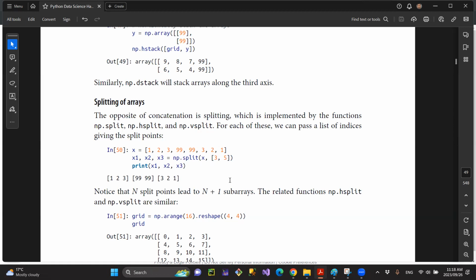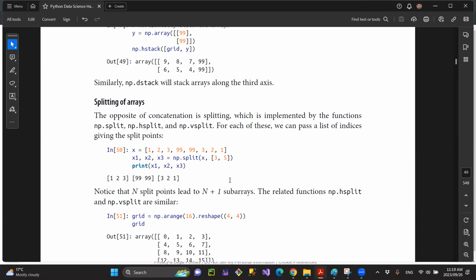I don't care about the last one, whatever it is. So how many pieces will it have? 3, right? So x1 is from the beginning to index 3, not including index 3. Then x2 is from the beginning to index 5, not including index 5, but also not including x1. That's the middle portion, and what's remaining is the last one.